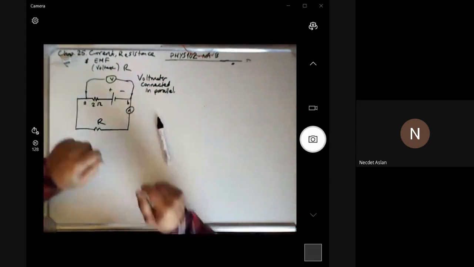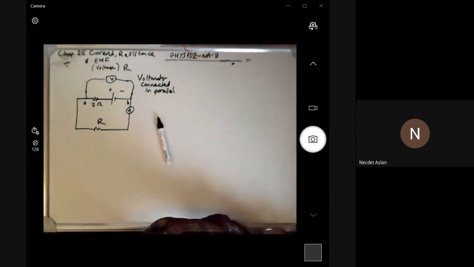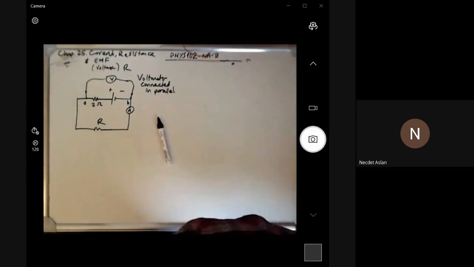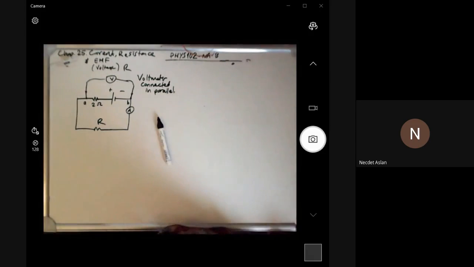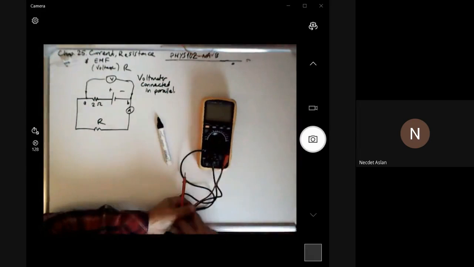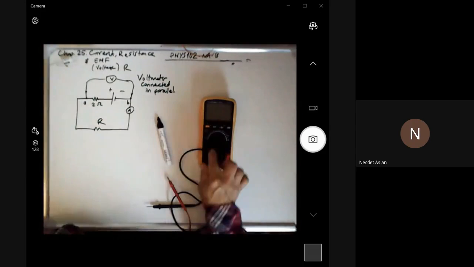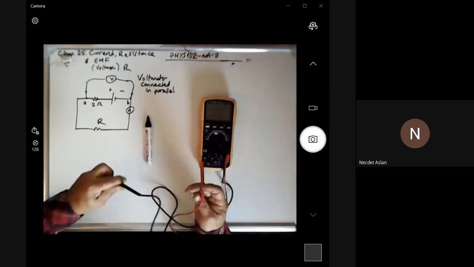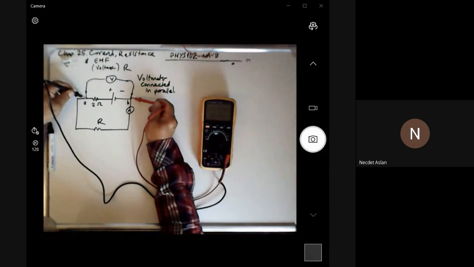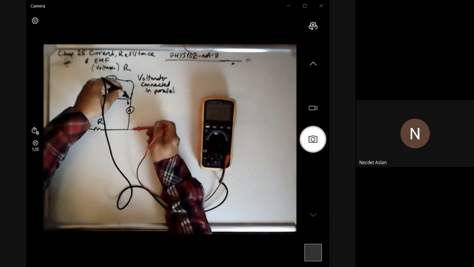Touch to these points. So I have a multimeter here, which measures not only the potential differences, but also the currents. So what you do is that you just put this to voltage, V measurement, and use these leads and just touch there. Whatever 2 points you're touching, it gives you the potential difference, like that.